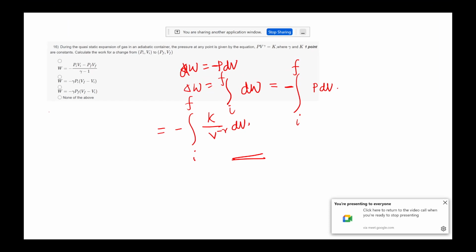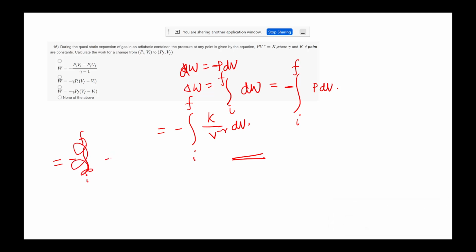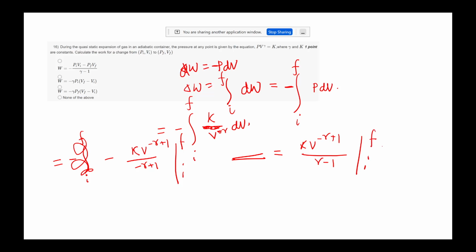Now let me do it for your friends also. So this will be, now just write this minus K by, so this will be K V to the power minus gamma plus 1 divided by minus gamma plus 1, from i to f, or we can write it as K V to the power minus gamma plus 1 divided by gamma minus 1, from i to f.